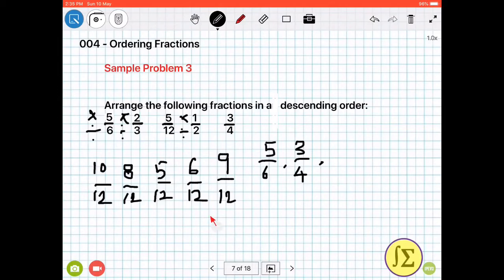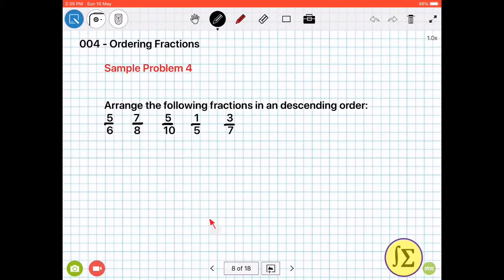Followed by 8, that's 2 over 3. And then 6 over 12, that's 1 over 2. And finally, the smallest is 5 over 12. So that's how we solve problems when the denominators are different. In other words, we use method number 3 that we learned in lesson number 3.